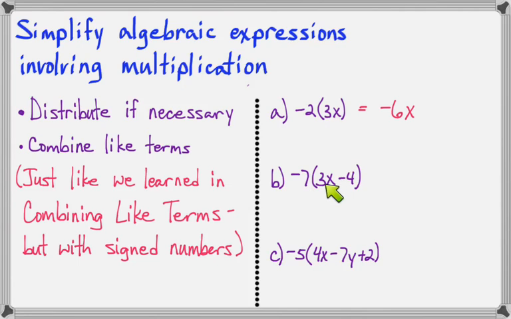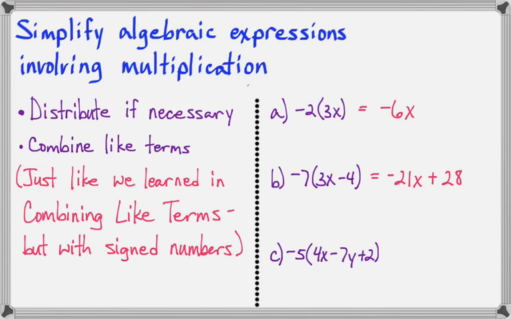So when I get finished, I should have two terms, because two terms inside the parentheses means two terms in the answer. So negative 7 times 3x gives us negative 21x, and negative 7 times minus 4 gives us positive 28, because remember, negative times negative makes plus.